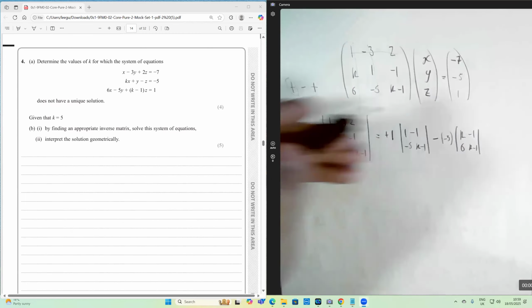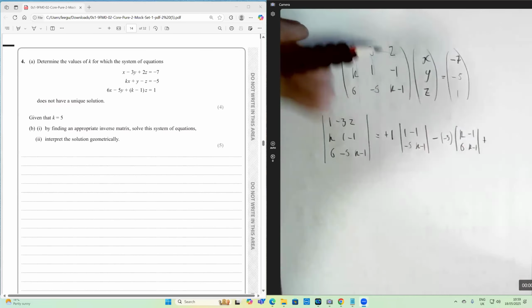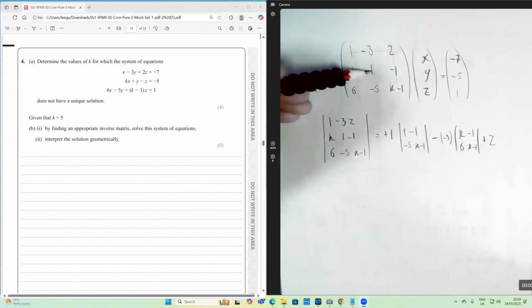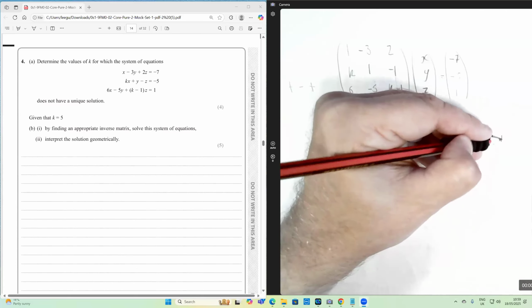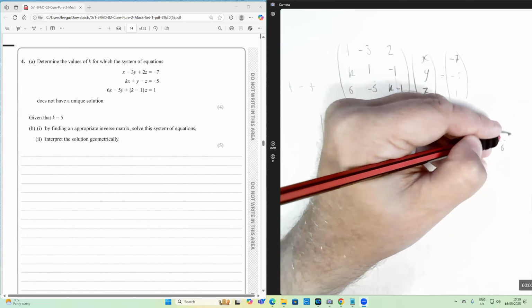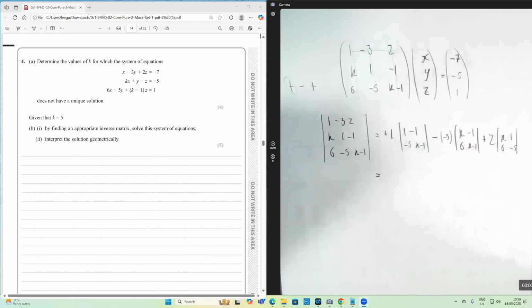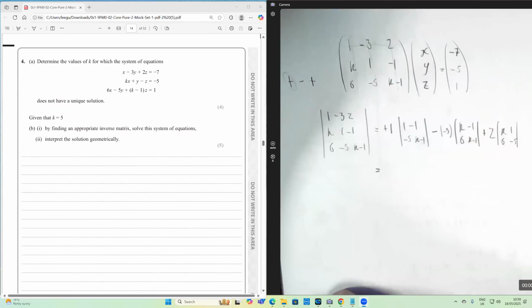And then finally a plus, and the last term is a 2. We eliminate that row and column, and the corresponding minor is k, 6, 1, and minus 5. Perfect, so we're now ready to evaluate our determinant.